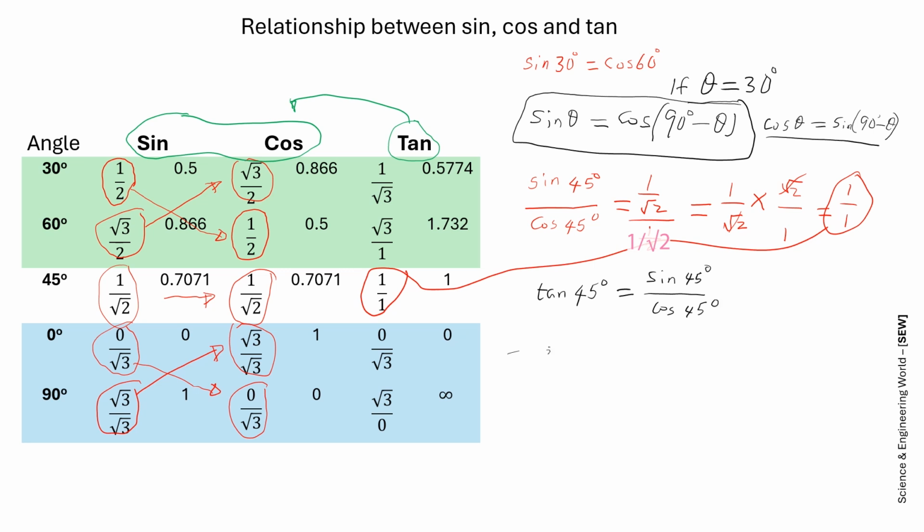So I will say that if 45 degrees equals theta, or if theta equals 45 degrees, then tan theta equals sine theta over cos theta.